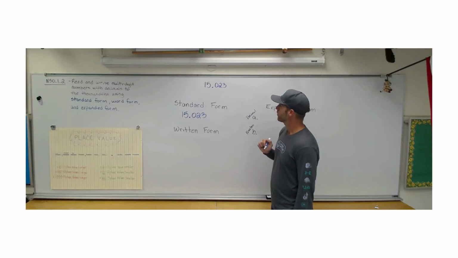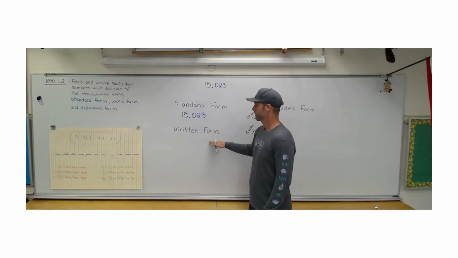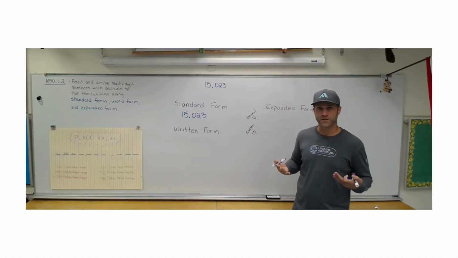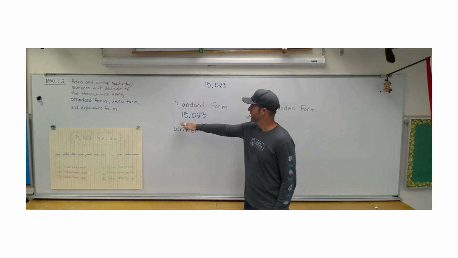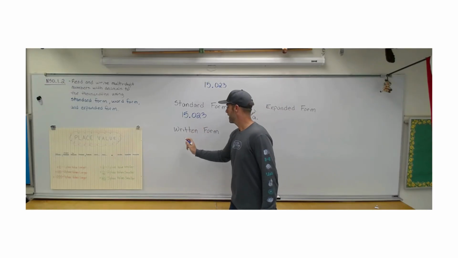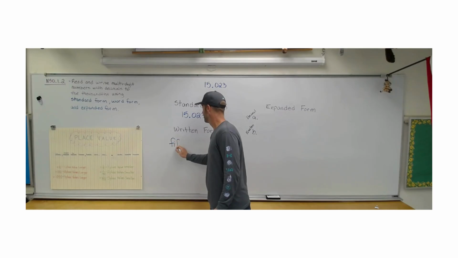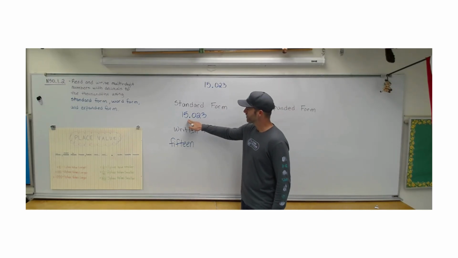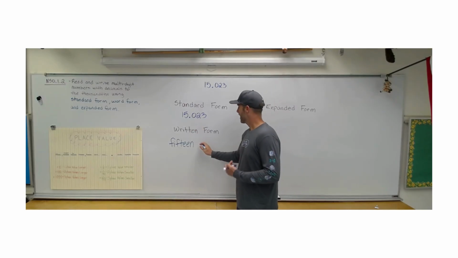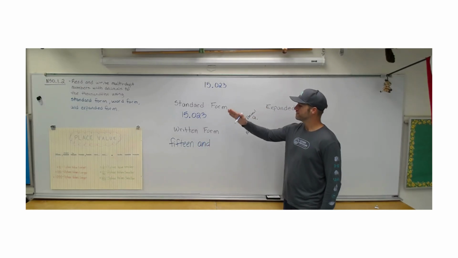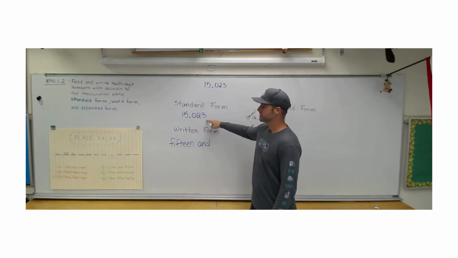Another way that we can write numbers is in written form. So when we say a number out loud, we can just write down what we say if we say it correctly. So again, if we look at our number in standard form, I can see that on the left side, we have 15. So that is our whole number. We have 15 wholes. And this is separated by a decimal. And we say the word and because we have whole numbers and we have parts. So I have 15 and I can just read this number as is.